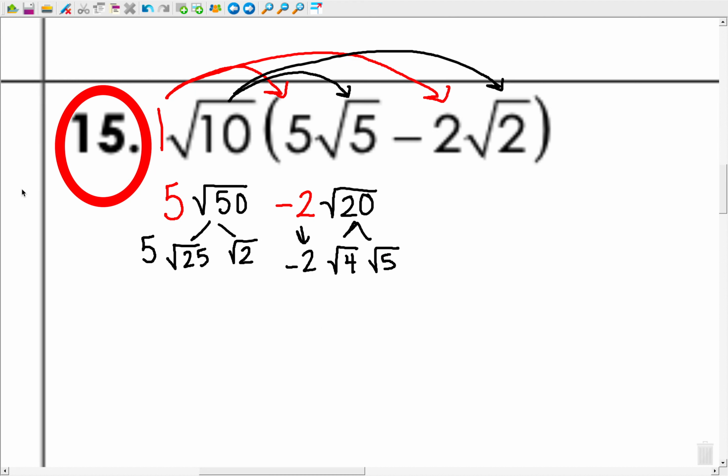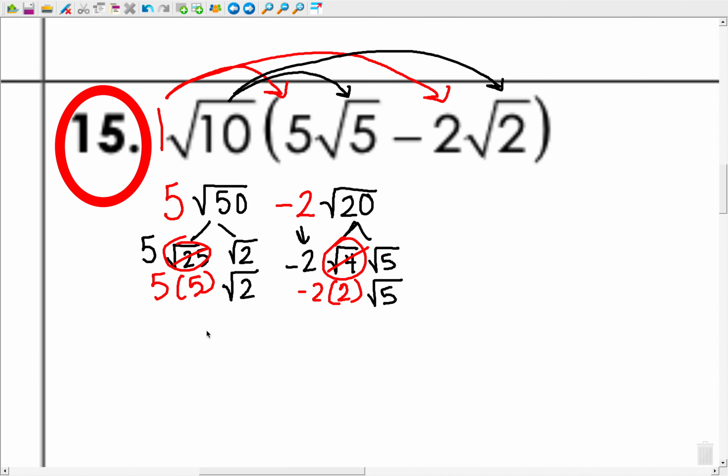And now I have 5 times 5, because this is what that becomes. It's still on the outside of the radical 2. This will become 2. There was already a negative 2 here. Okay, bring that down. And it's still with the radical 5.